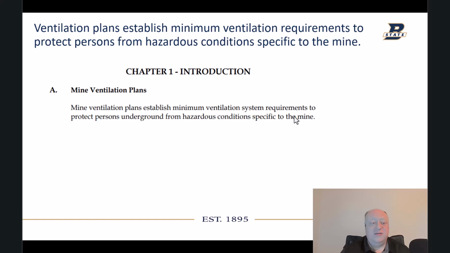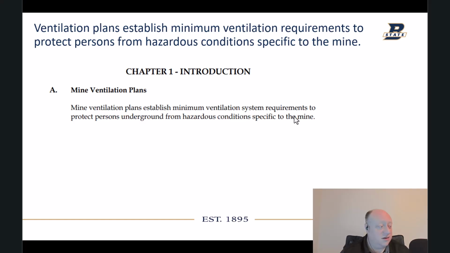So the ventilation plan establishes minimum ventilation requirements to protect persons from hazardous conditions specific to the mine. So that's a very important part of this. Each mine's ventilation plan is different. Okay, there are some minimum requirements.